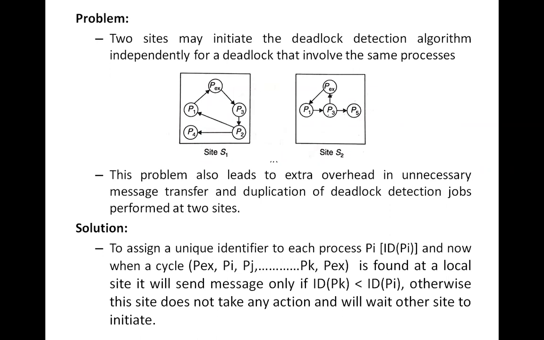So if there is a cycle, both S1 and S2 will be sending a deadlock detection message to the other sites. And if it is so, what will happen? The result will be that both sites will update their local WFG and search for the cycles. And after detecting a deadlock, both may initiate a recovery procedure, and the result may be very absurd.